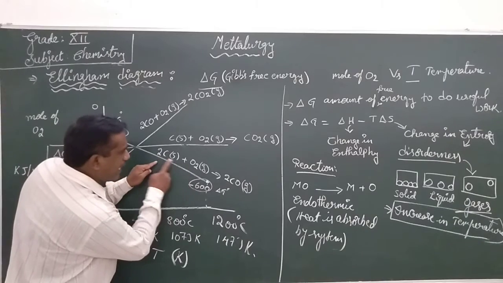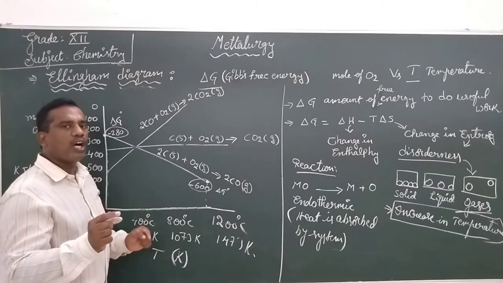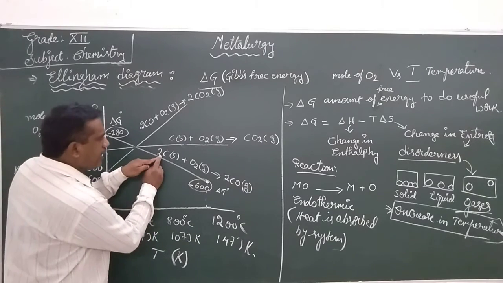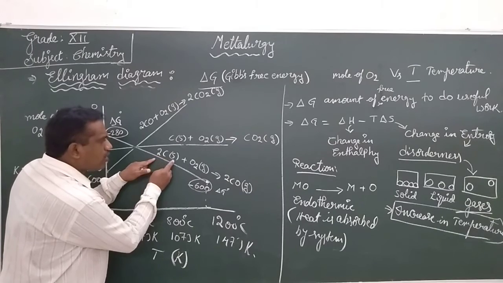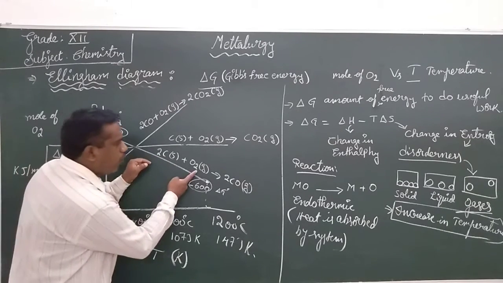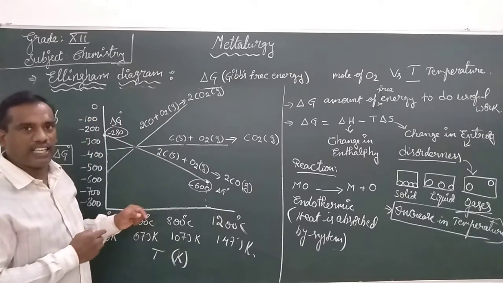In the reactants, how many moles of gaseous substances are present? You can see there are 2 moles of solid substance, that is coke, and only 1 mole of oxygen gas is present.